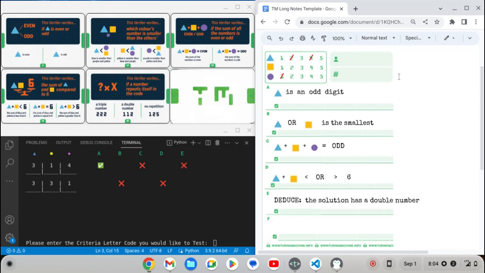For those that are less than, it would be 1, 2, 1 for triangle, and then it could be 2, 3, or 4 for square. 1 triangle, 5 square is invalid because that sum is 6. And then 3 could be added to 2 for square, and you could also have 3, 1.